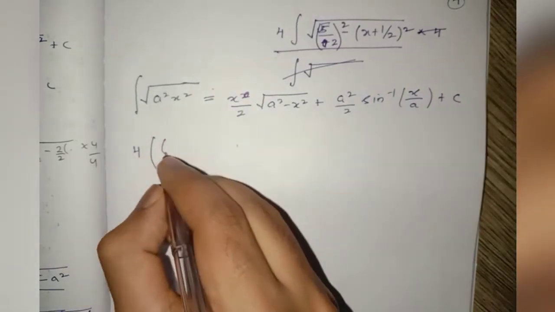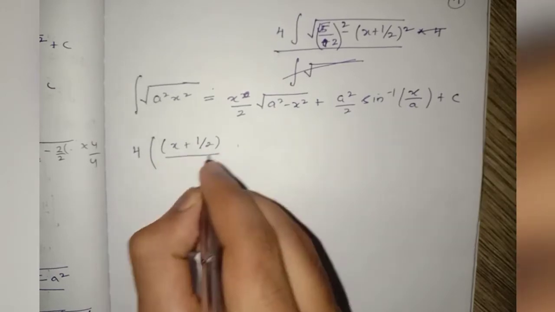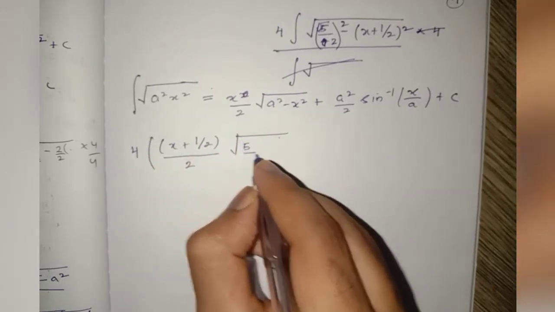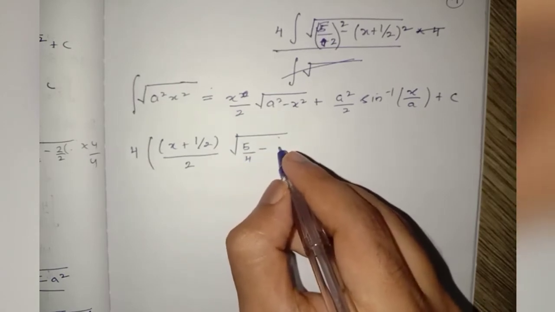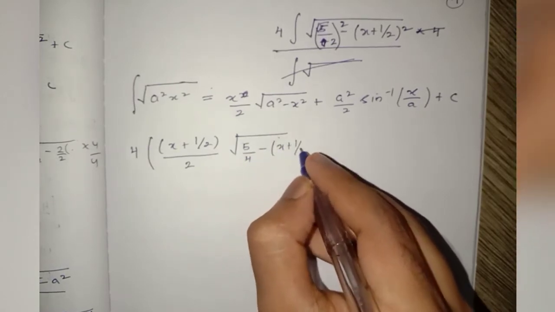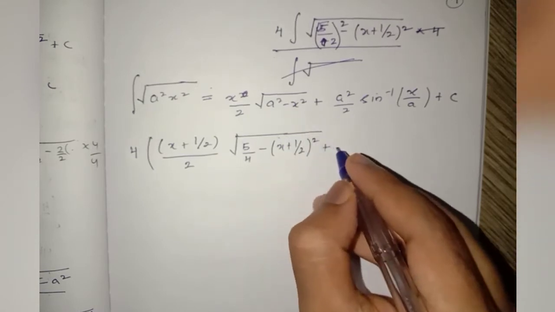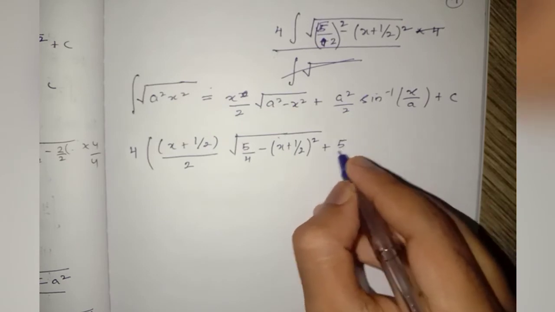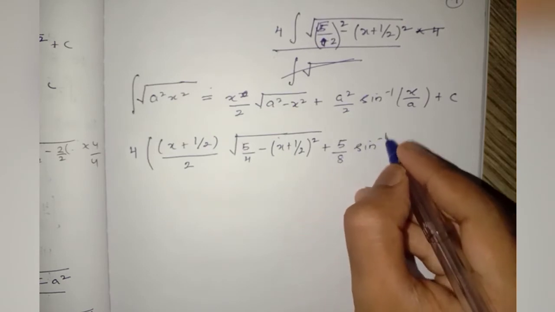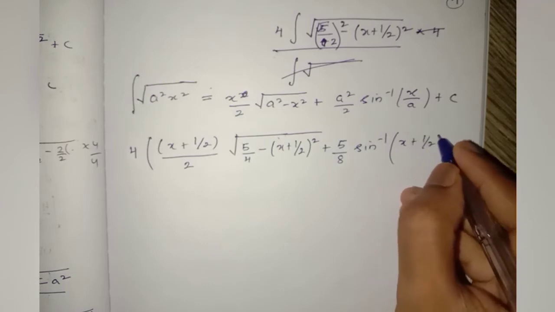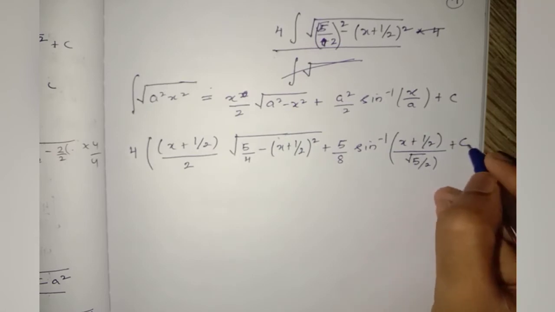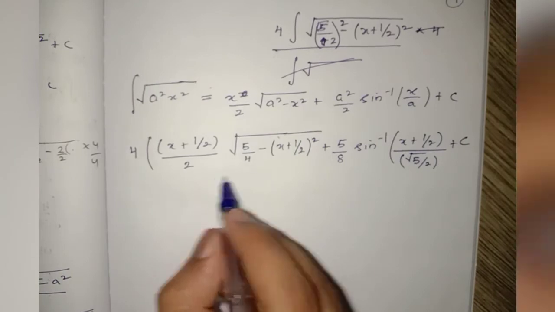So x plus 1 by 2 root of 5 by 4 minus x plus 1 by 2 squared, plus a square by 2, which is 5 by 8, sine inverse of x by a, which is x plus 1 by 2 by a, which is root 5 by 2, plus c. So this is the final answer which we get for this problem.